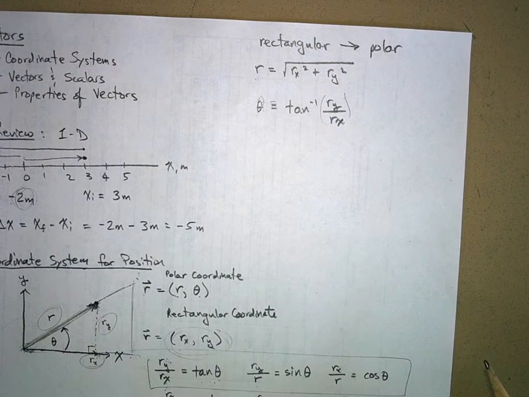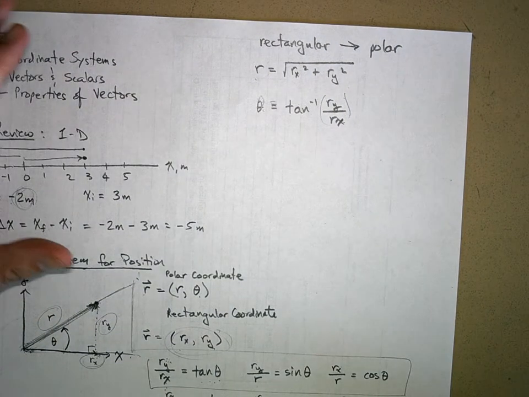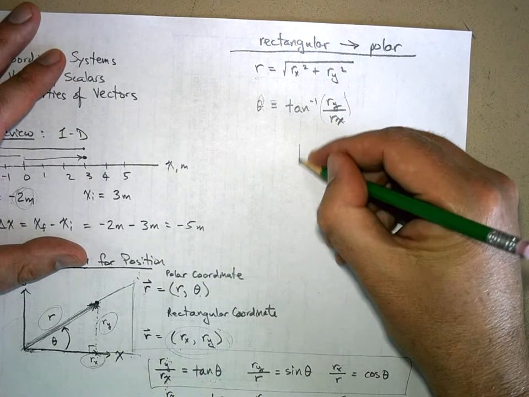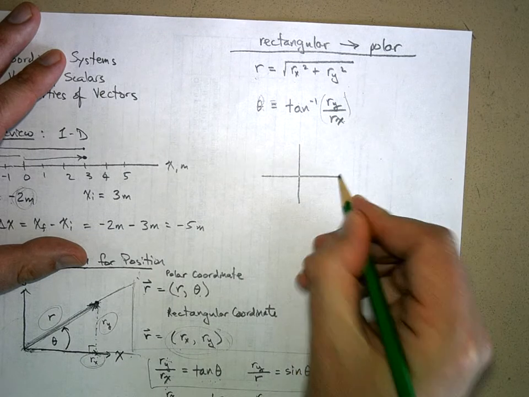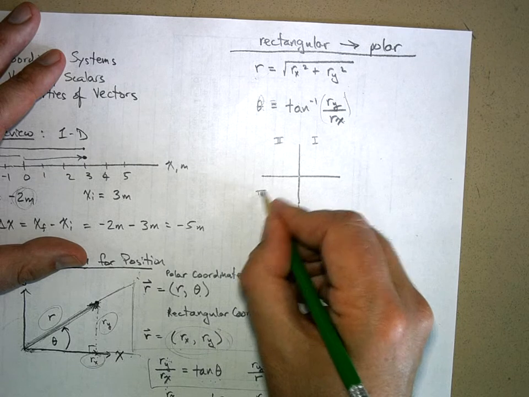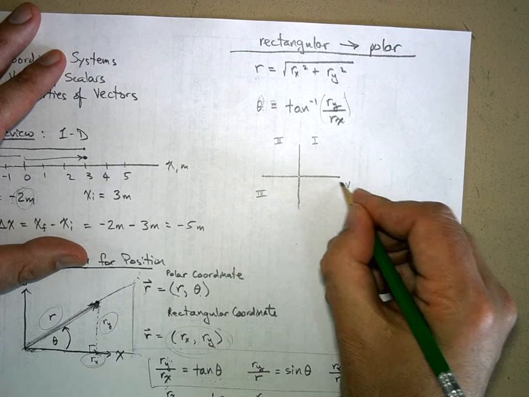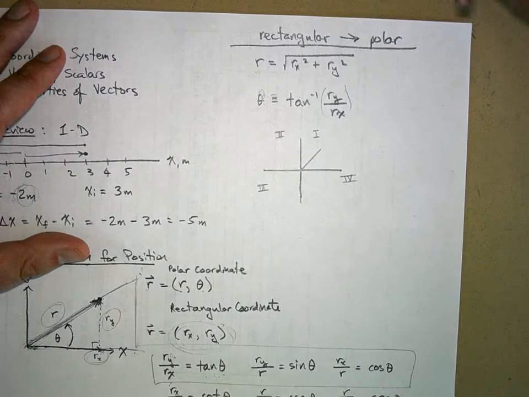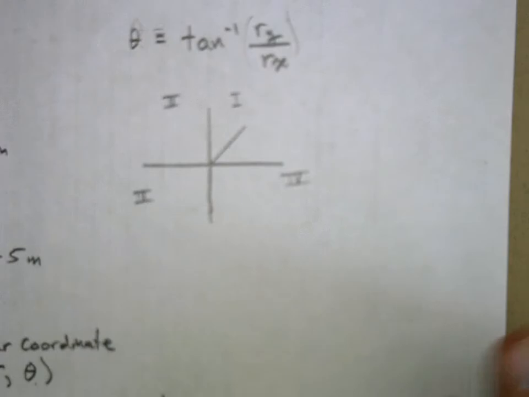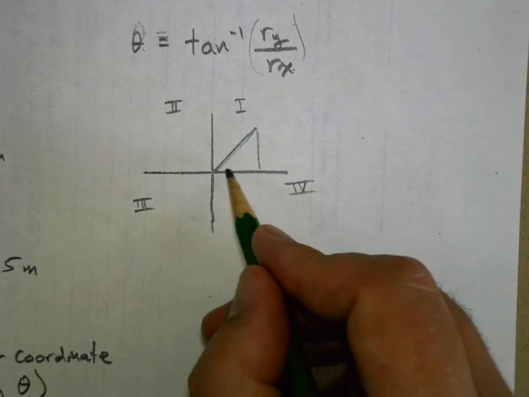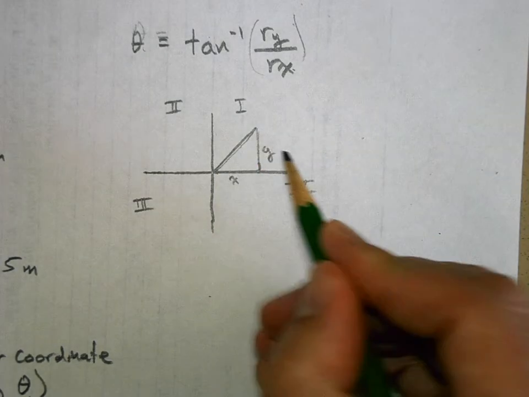There is a problem with this, though. Your calculator is kind of stupid. Here are your coordinates: quadrants 1, 2, 3, and 4. If I have something like this, let me zoom in. Here my x and my y are both positive.